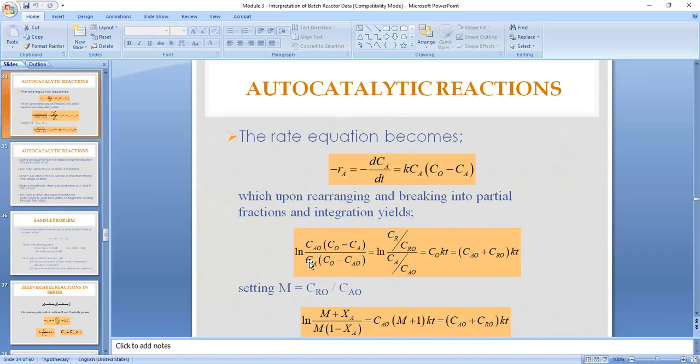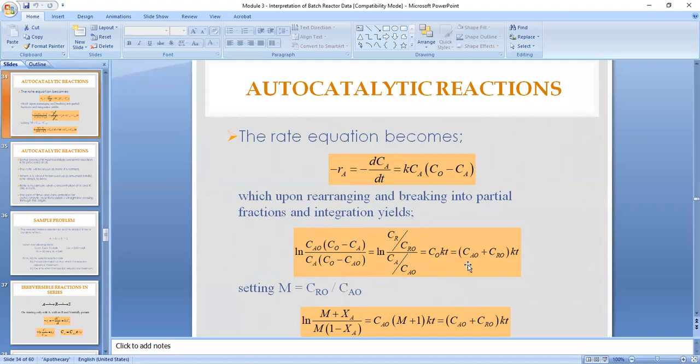So you will have an ln of, in terms of the initial concentration of A, and the total initial concentrations of A and R, and the remaining concentration of A. Or it could be expressed in terms of the final concentration of R and its initial concentration here, the ratio of, and in the denominator of the argument of the ln, you have C_A over C_A0. Now, these two expressions here in terms of ln can be equated to any of these two. Anyway, they are just the same.